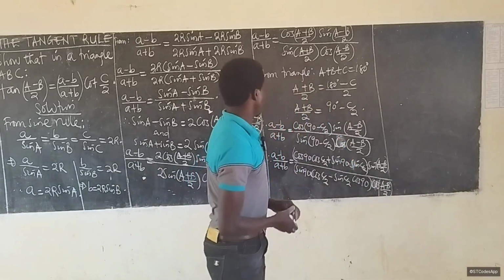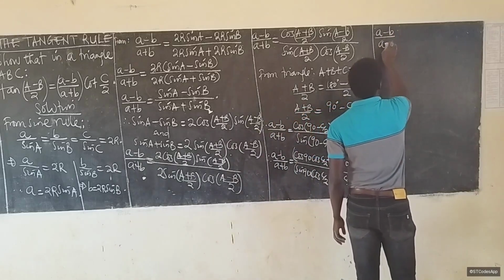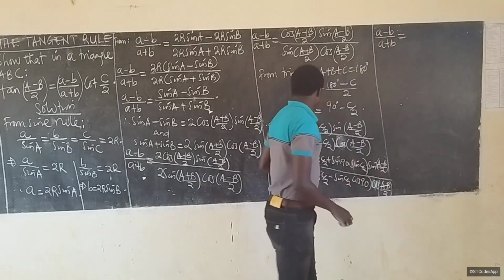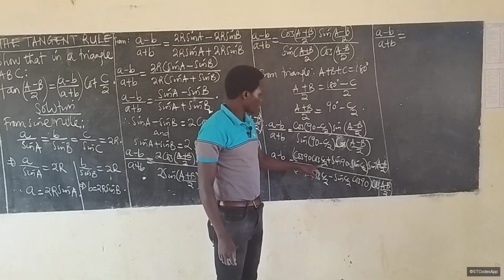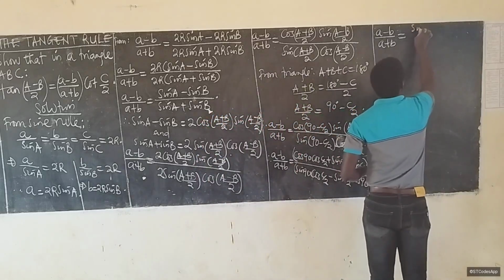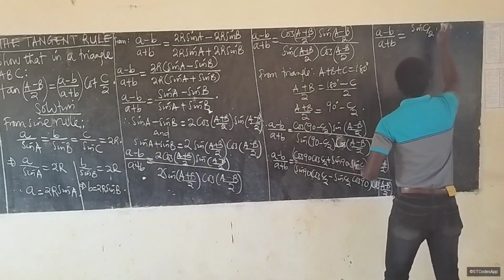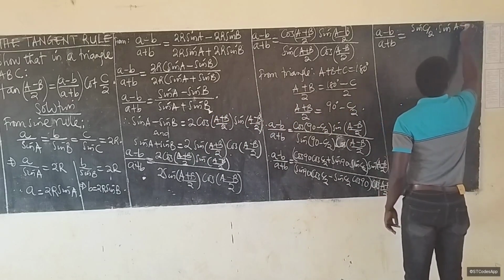So we will have that A minus B and then A plus B becomes, cosine of 90 is 0, so the whole of this becomes 0, and sine of 90 is 1. So I will remain with sine of C out of 2, and then I multiply by sine of (A minus B) out of 2.